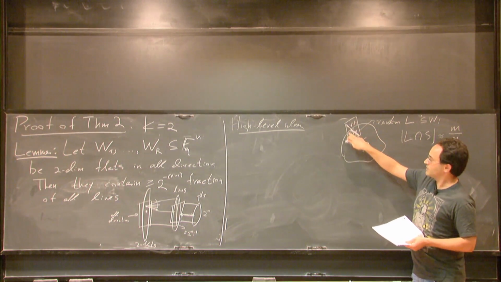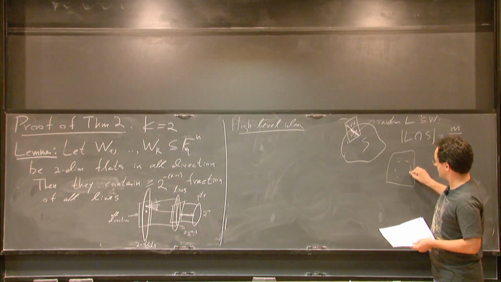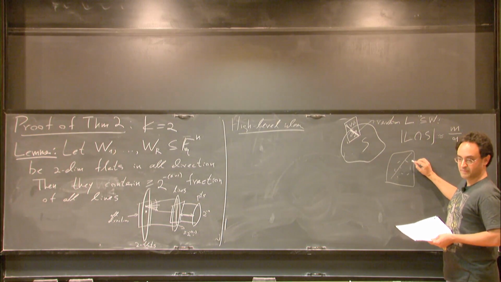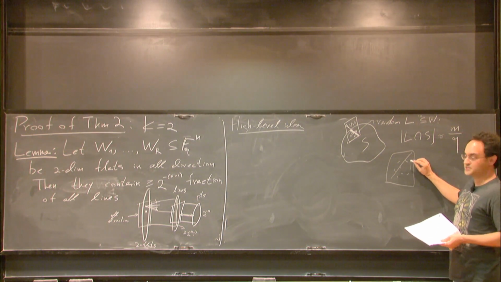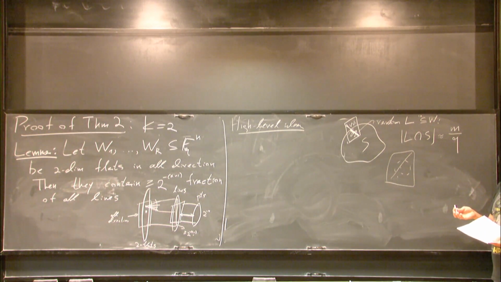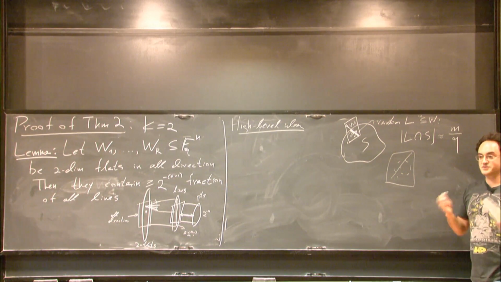So let's look at WI. It's a 2-dimensional flat that has m points in S. Now take a random line. The expectation is this. And we know that it will be concentrated around the expectation if the field is large enough. And we know that the field is large enough, so it will be concentrated.